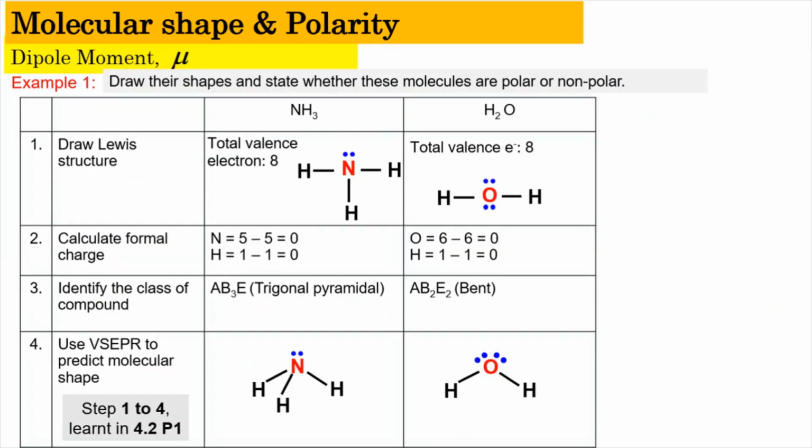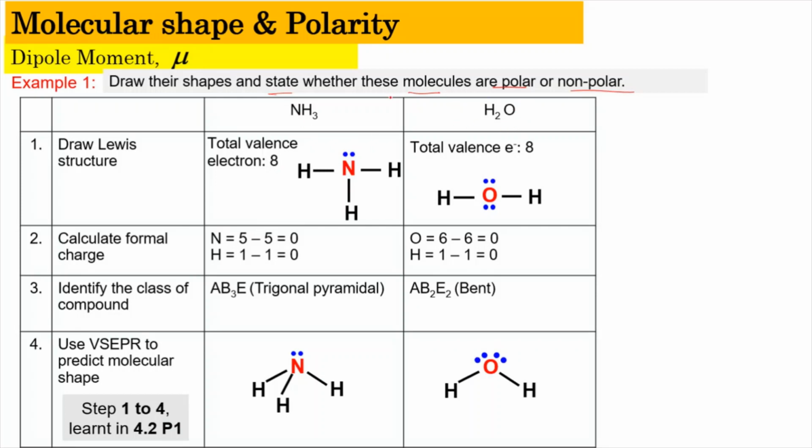Now we are going to look into example 1. We have to draw their shape according to VSEPR, and then we need to state whether the molecules are polar or non-polar. This example here, we have covered in the previous video, in the subtopic of 4.2 part 1. So we have our ammonia as well as our water.